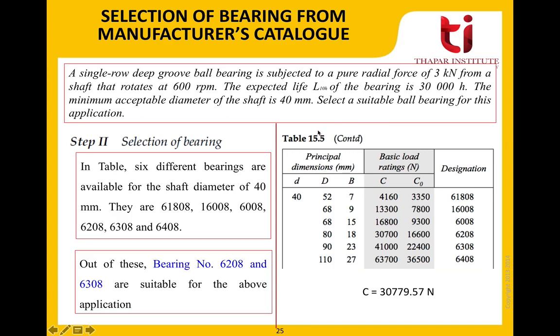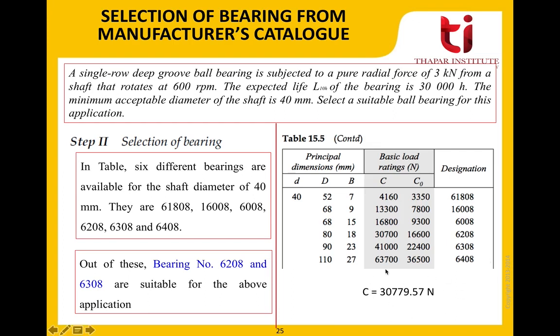So looking at table 15.5, we know that the shaft diameter is 40 mm, and we have evaluated the dynamic load capacity as 30,779.57. In this table there are 6 different bearings available for a shaft diameter of 40 mm: bearing series 61808, 16008, 6008, 6208, 6308, and 6408.